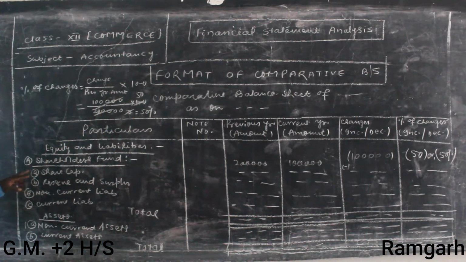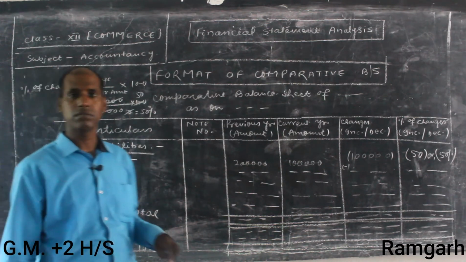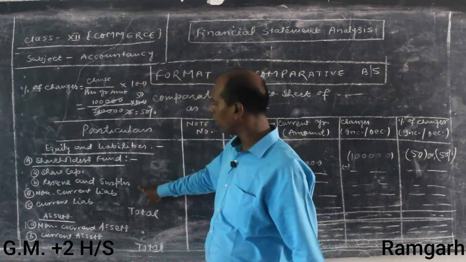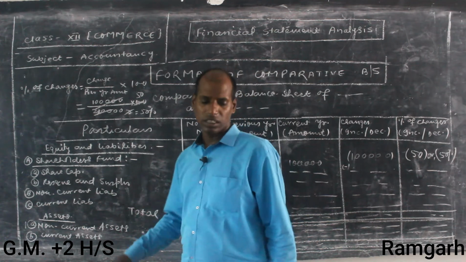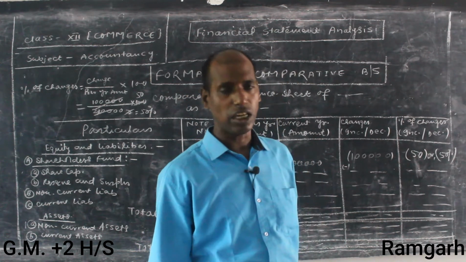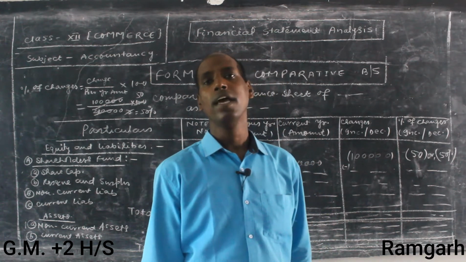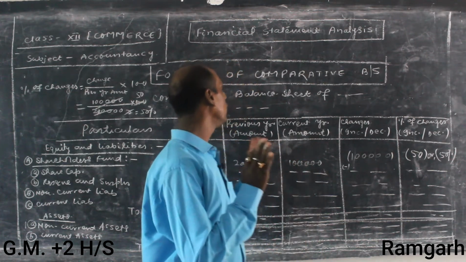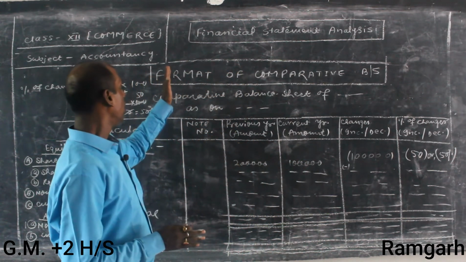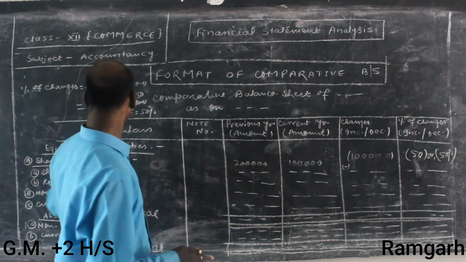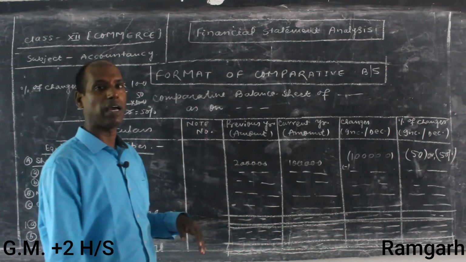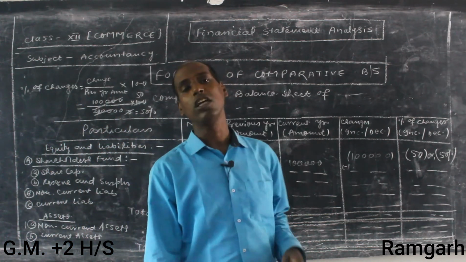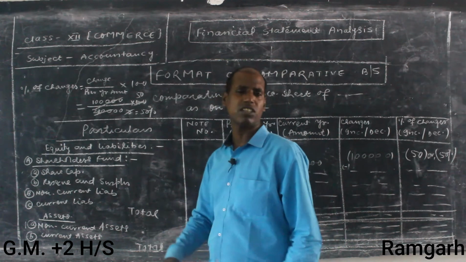Next, as per the example given in share capital, we have started. The second one is reserve and surplus. There are different items in reserve and surplus we have to put. When I put the format of the company's balance sheet, then we put all the details about reserve and surplus.